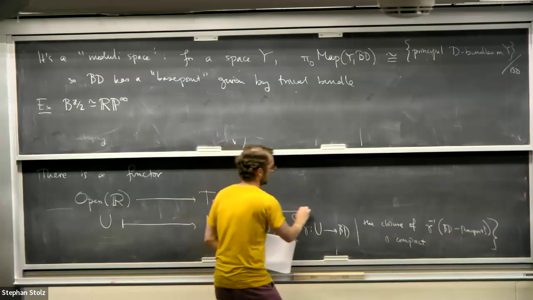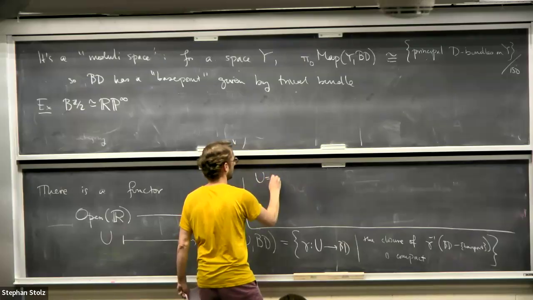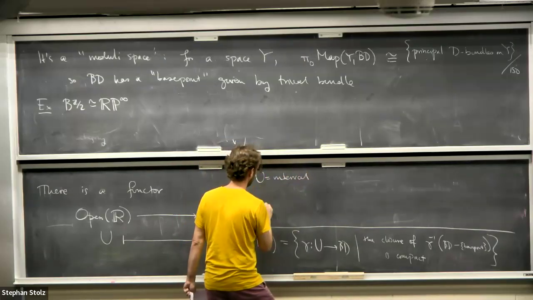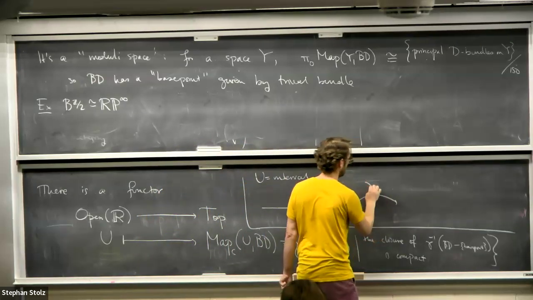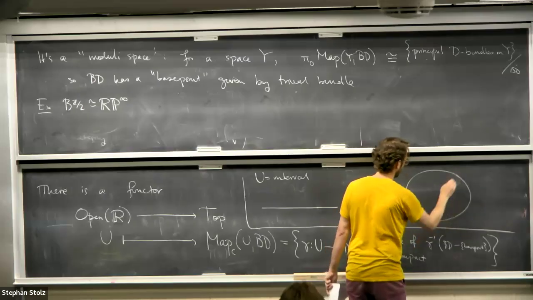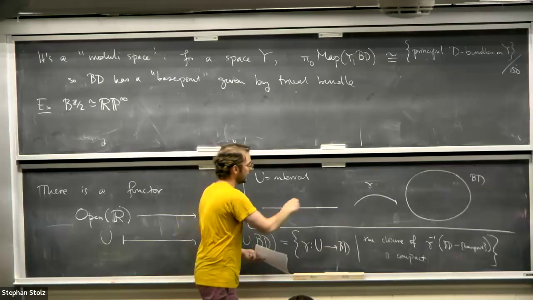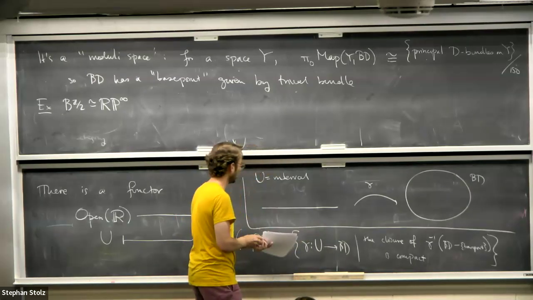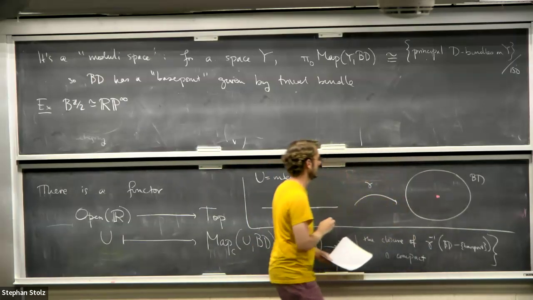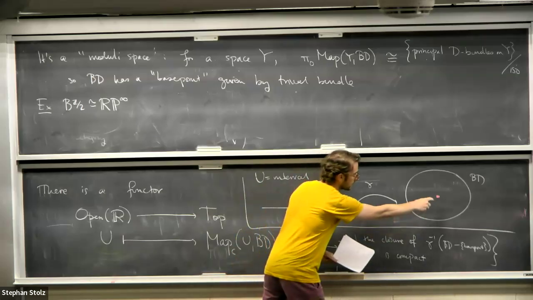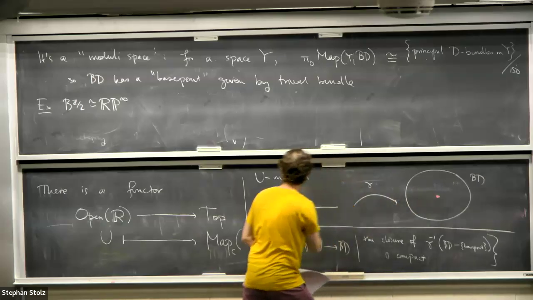Suppose that U is an open interval, and I'm picking some gamma. Here's my picture of BD, and here's my base point. Let me draw in red all the things that go to the base point.